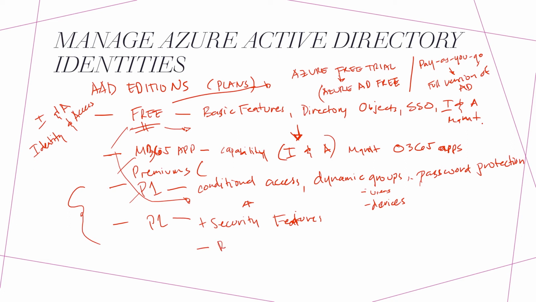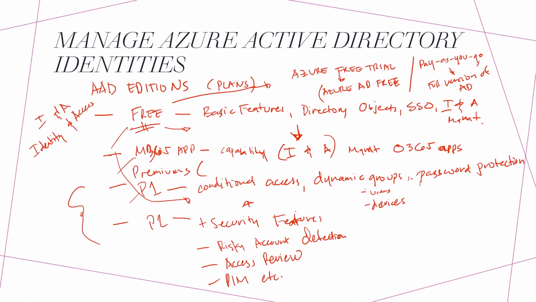I think this is a very good one: risk account detection. It's a built-in security feature in a P2 license Azure AD. You're also going to have access to access review and PIM, etc. because there's a lot more to it.